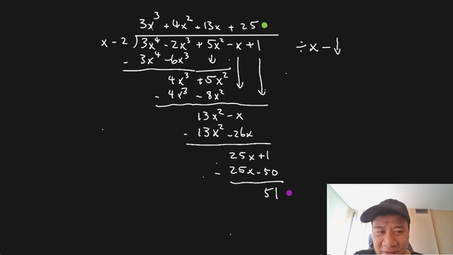There's a couple of ways that you can write this out. In advanced functions for the first unit, we write it like this.